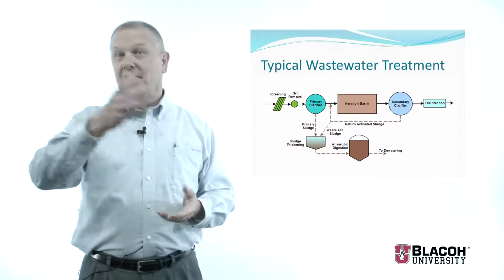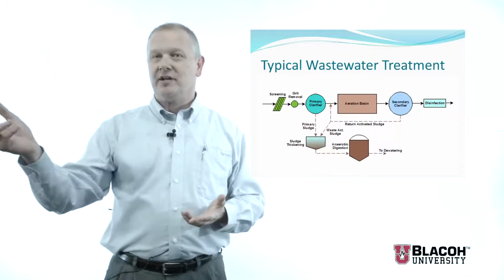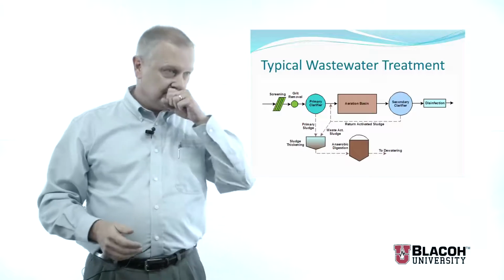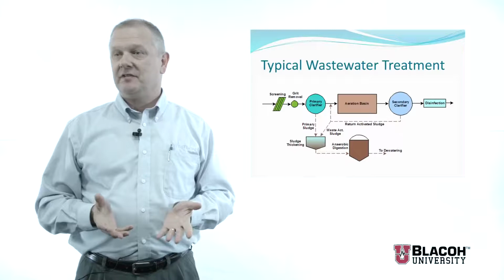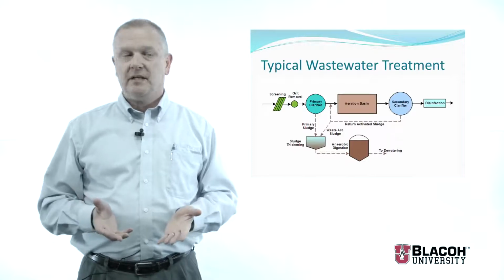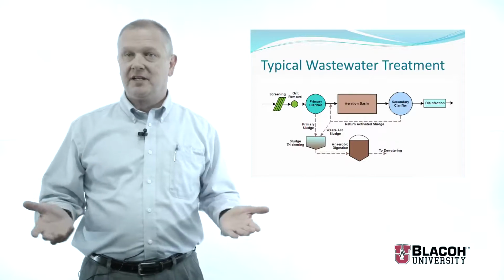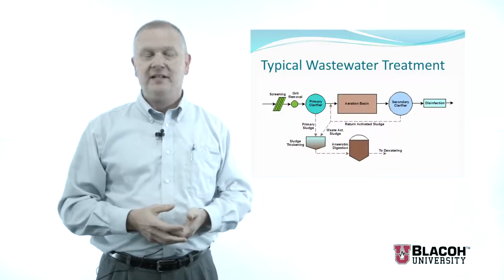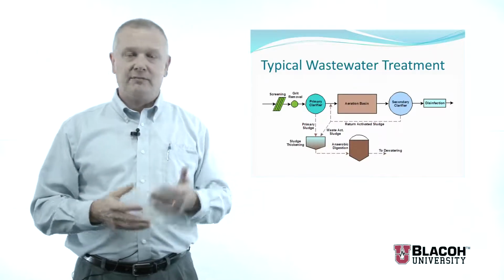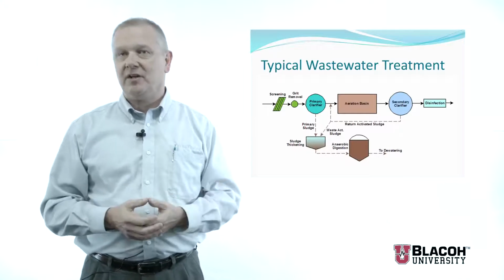And the relatively clear liquid then flows on into the rest of the plant. That removes about 50% of the contaminants in typical sewage. And it's obviously very inexpensive. All you need is a big tank. It doesn't take a lot of power or energy, and so it's an important part of just about every treatment process.